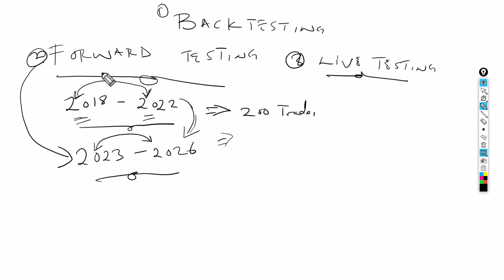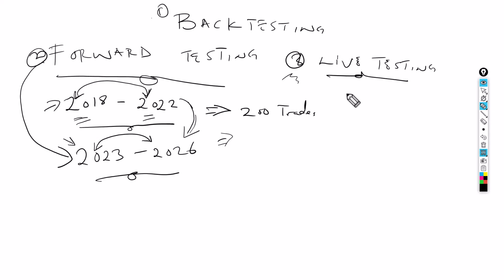And that's why I advise most of my students to not forward test using a demo account, but rather to backtest their trading strategy using historical price data and forward test it with out-of-sample data. That's if you're using one period for backtesting, use a completely different time period for forward testing. Once you've been able to gather enough data from your backtest and forward testing, then you will move to trading the live markets, but with a very small amount of money.